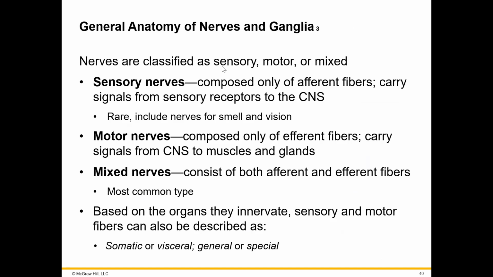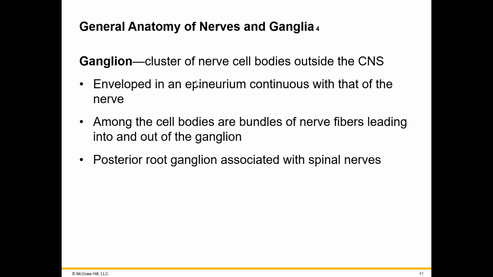We have some sensory nerves, some motor nerves, and some mixed nerves. The ganglion are a cluster of nerve cell bodies outside the central nervous system.